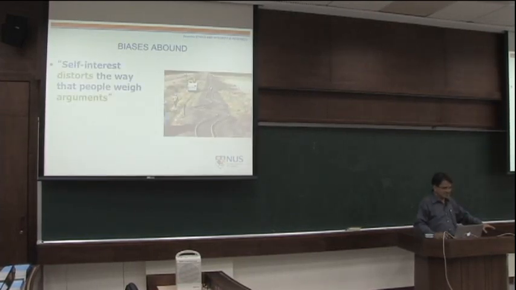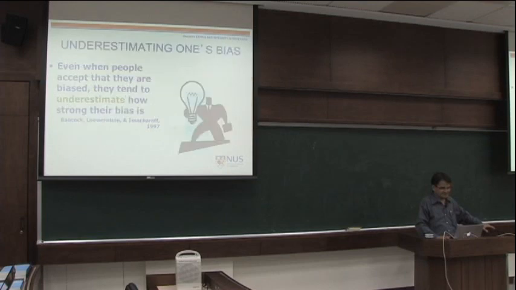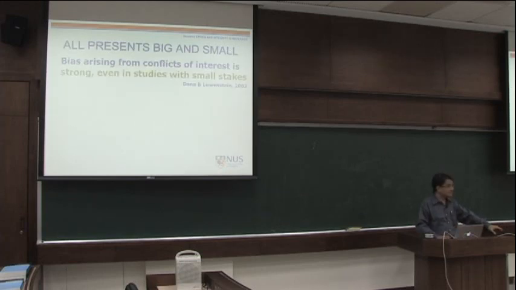So the point is that self-interest distorts the way that people weigh arguments. Even when people accept that they are biased, they tend to underestimate how strong that bias is. They know that sometimes they are biased, but they underestimate how deep that bias goes.